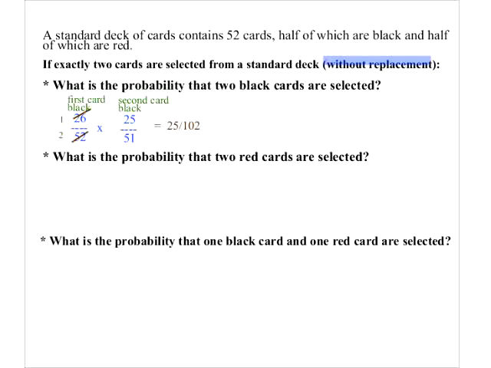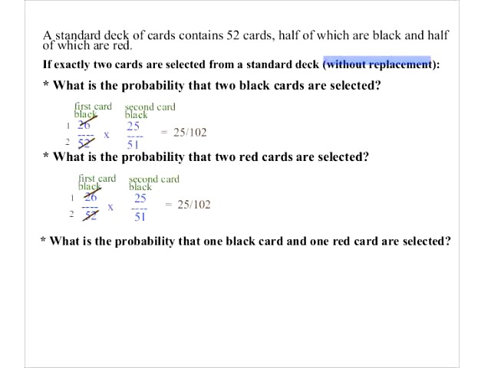It's the same situation that we have with the first one, except instead of black, it's red. Because there's the same number of reds as there are blacks in the deck, this is not going to work out any differently.